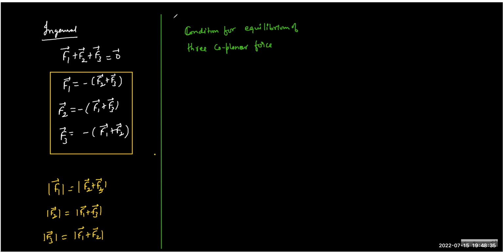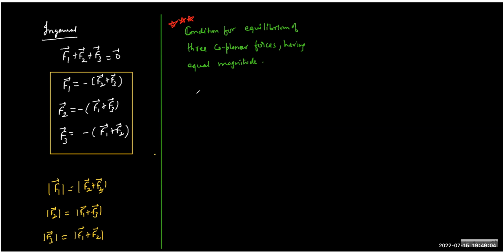This is very important. This is like dangerous. You must remember this result. So condition for equilibrium of three coplanar forces having equal magnitude. So there are many ways to prove it. So I'm giving you a way which is simpler.